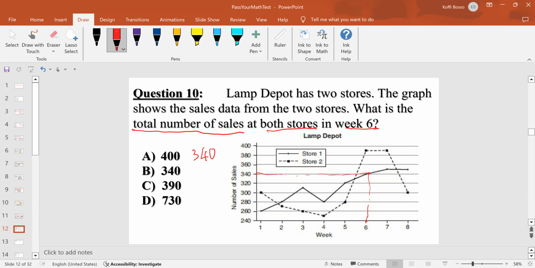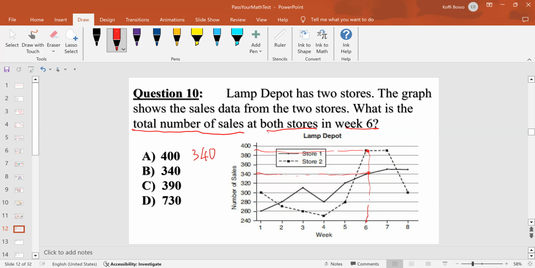Again, you project to the graph, and you find the y value, or the number of sales related to the points on the graph. So approximately we are there.